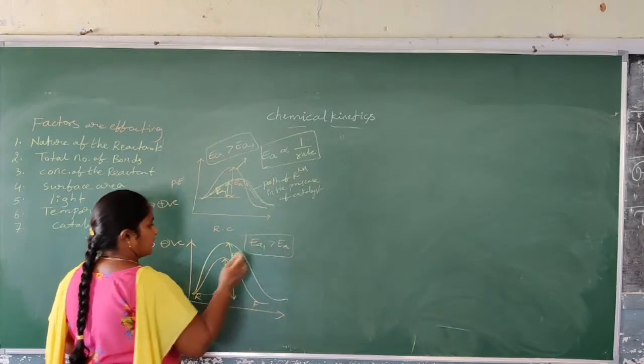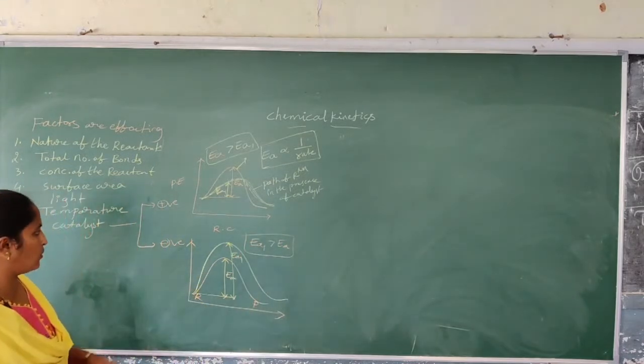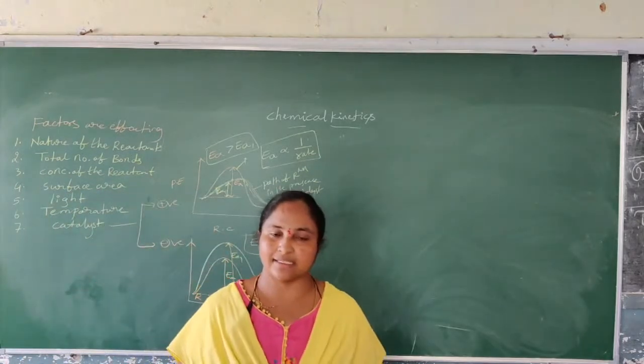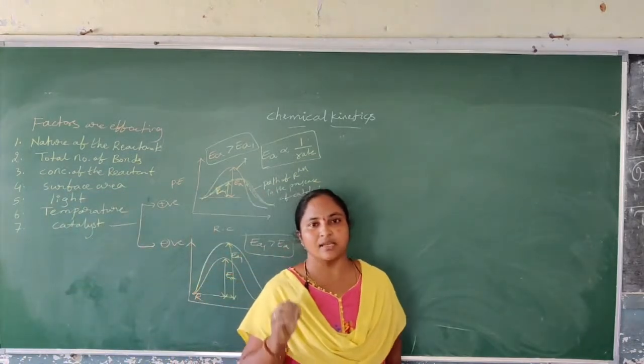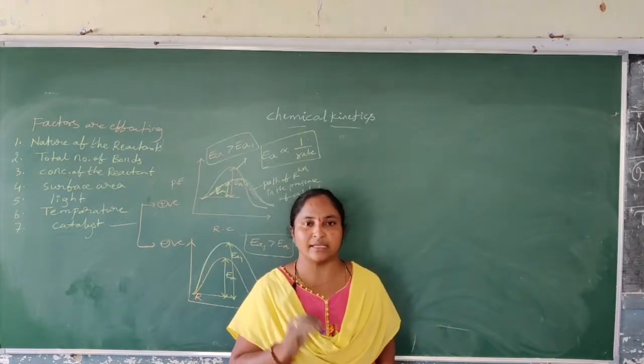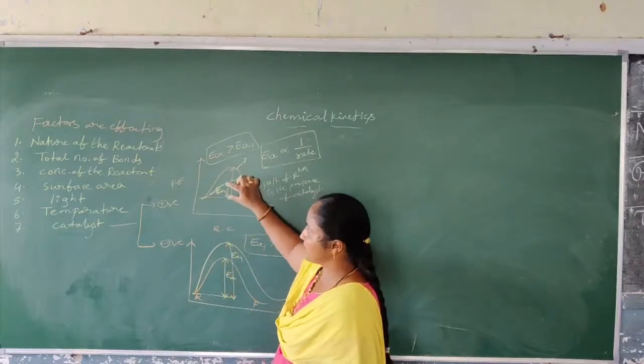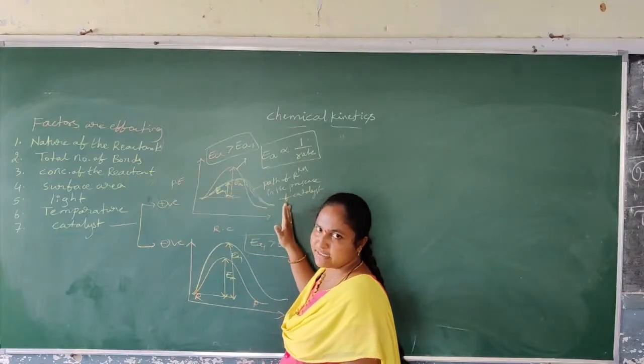If activation energy is more, rate of reaction is slow. Finally, I have concluded that catalyst is a chemical substance which alters the rate of reaction. If we use the positive catalyst, activation energy decreases and rate of reaction increases.